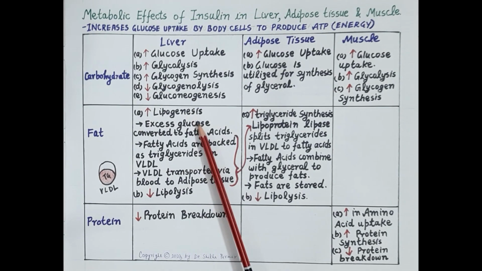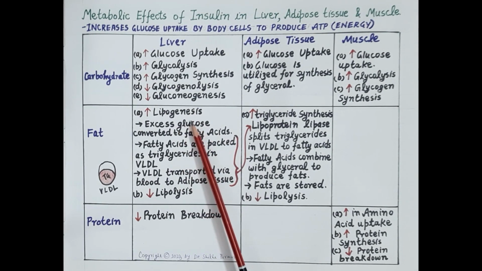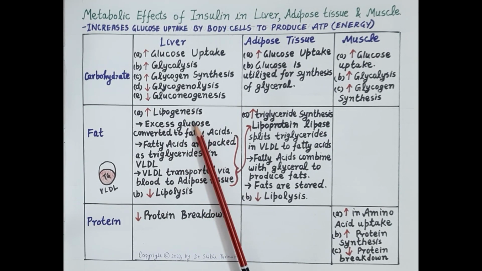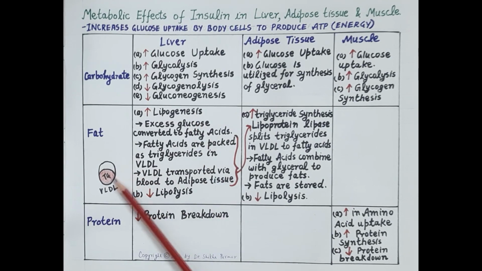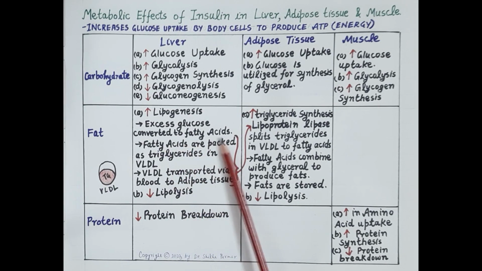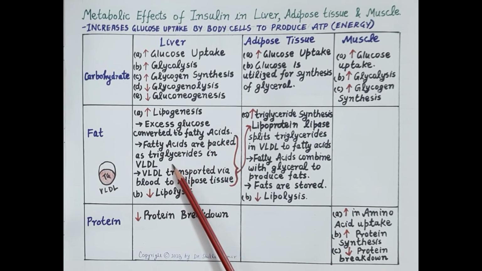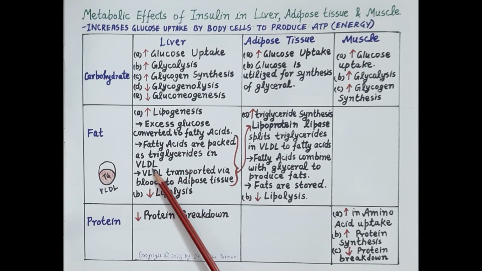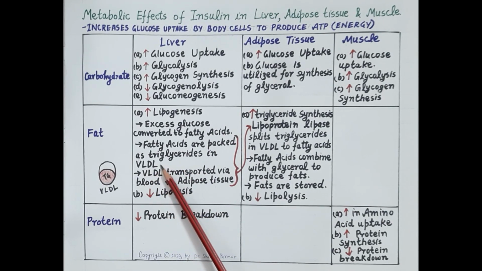Now, insulin also stimulates process of lipogenesis. There is increased synthesis of triglycerides. Now, excess glucose that is not converted to glycogen is now converted to fatty acids. Now, these fatty acids are converted into triglycerides, and these triglycerides are packed as very low density lipids.